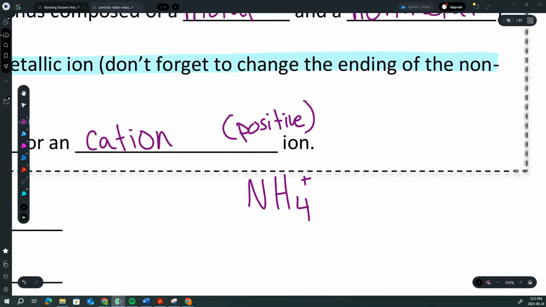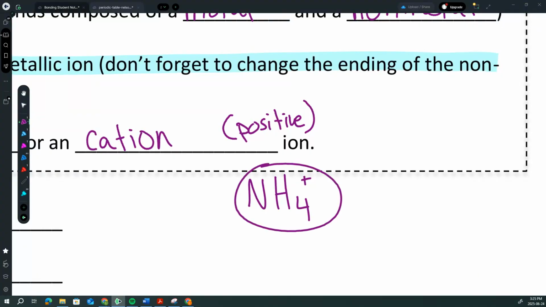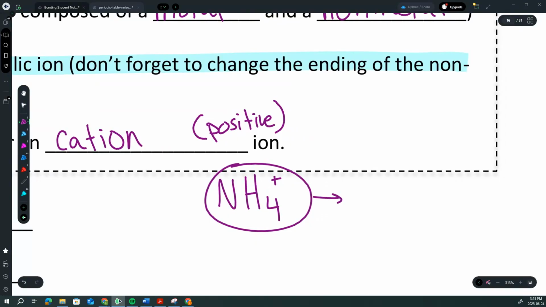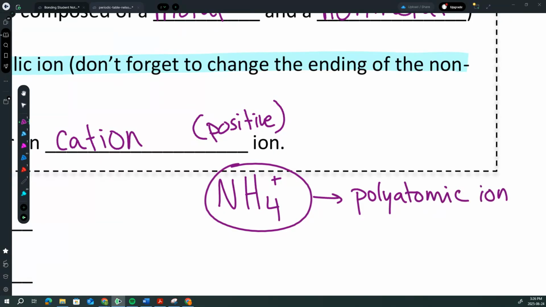So ammonium is a polyatomic ion that acts like a metal, and it acts like a metal because of that positive charge on it.